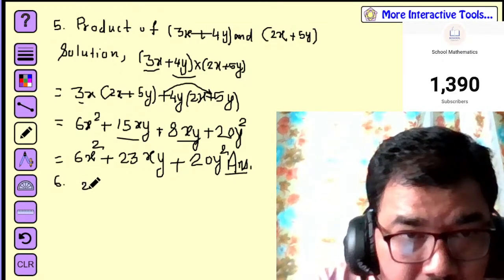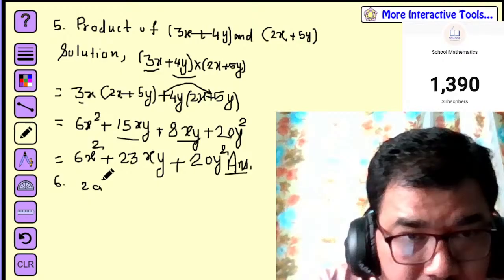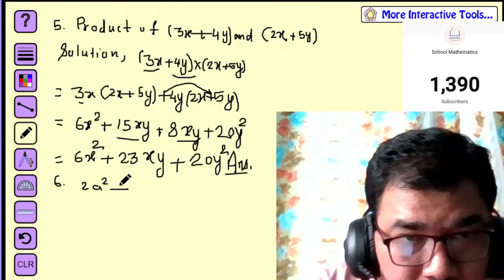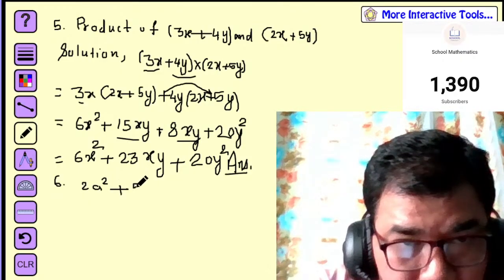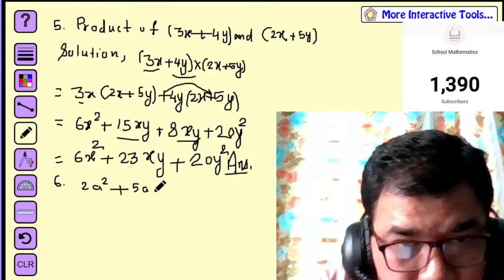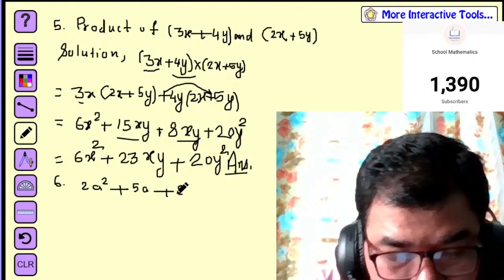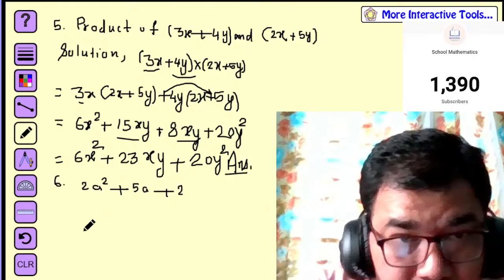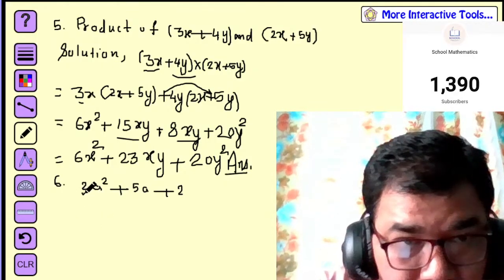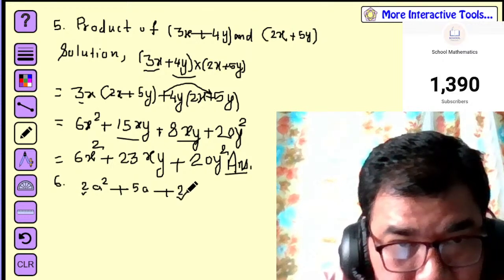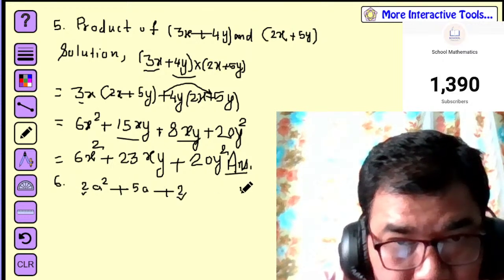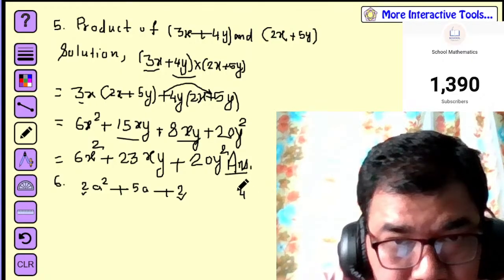Look here, 2a square plus 5a plus 2. Look, children, while factorizing such an expression, we have to multiply this 2 and this 2. 2 2s will be 4, right?